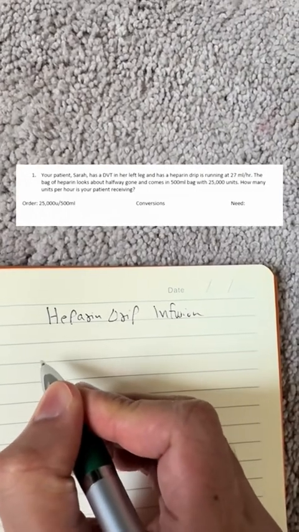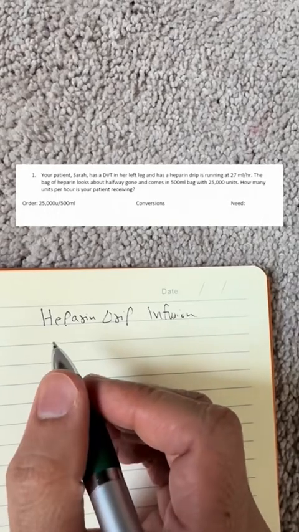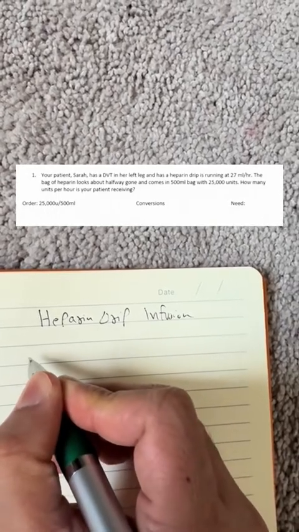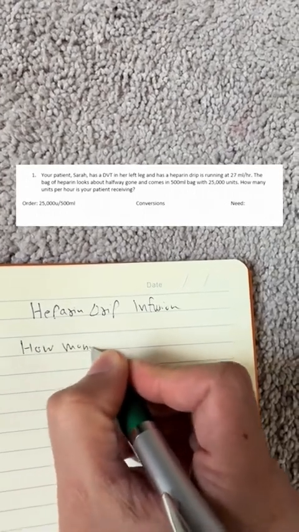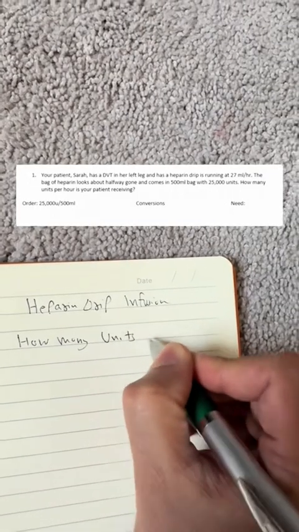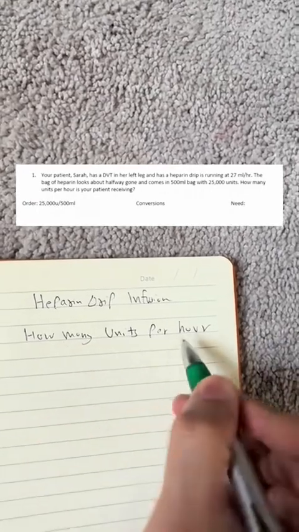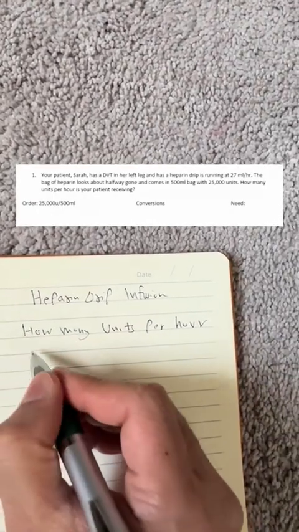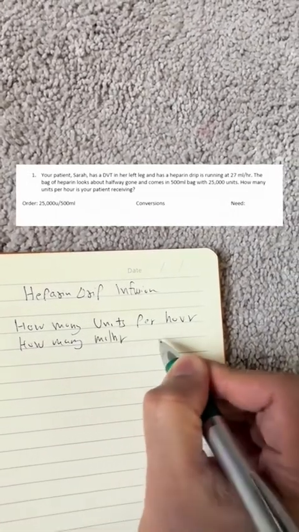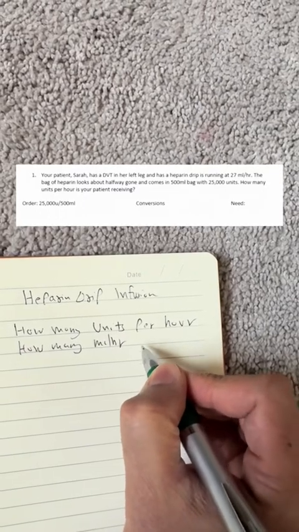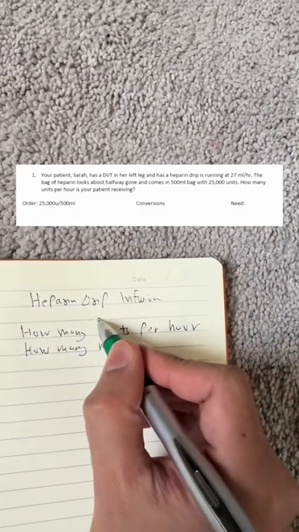Remember, when they ask you how many units per hour your patient is receiving, or they might ask you how many ml per hour, you have to remember what they're asking you.